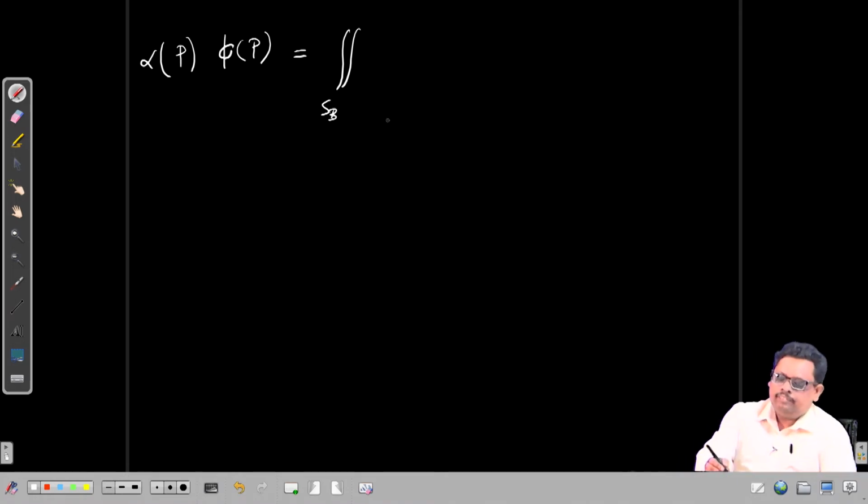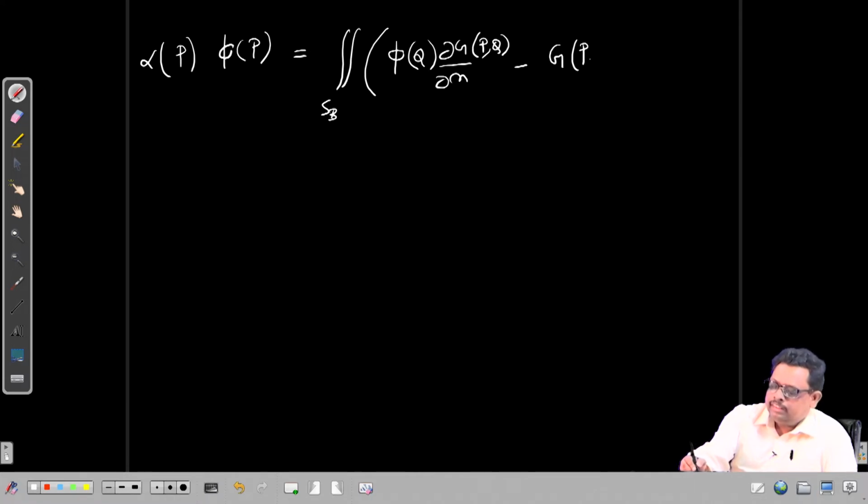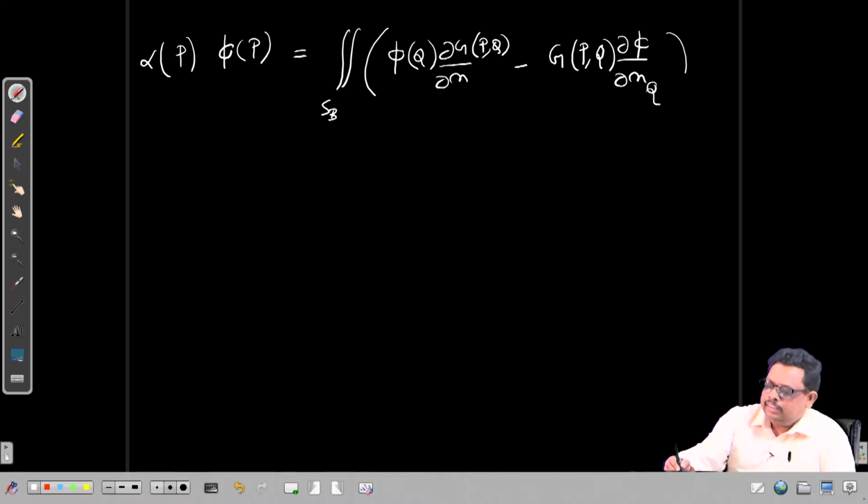Then it is phi at q, multiplied by del G del n, where G is G of p comma q, minus G of p comma q multiplied by del phi del n at q, and then I integrate over this surface.